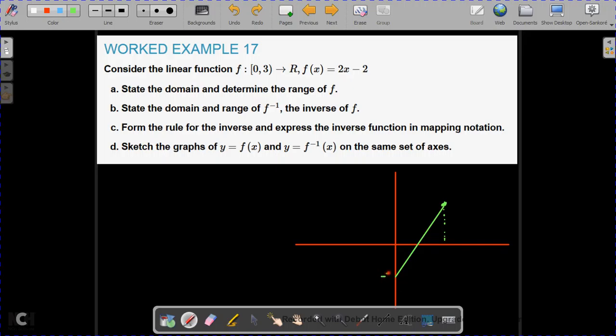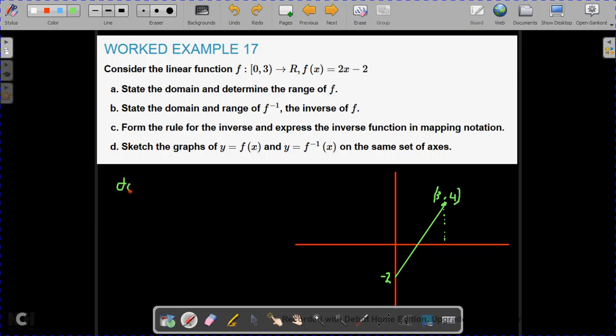Well, this is minus 2. At 3, we'll have 2 times 3, which is 6, take 2 is 4. So that'll be that point there, 3, 4, and it's not including that point.